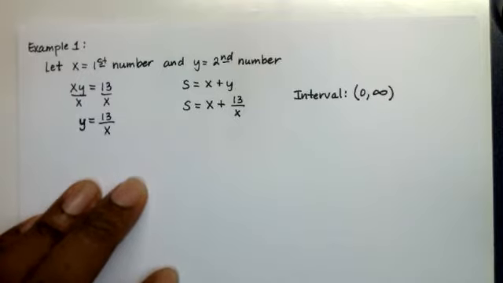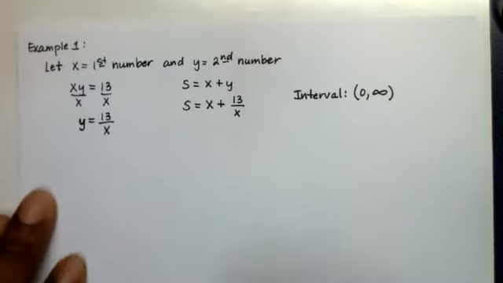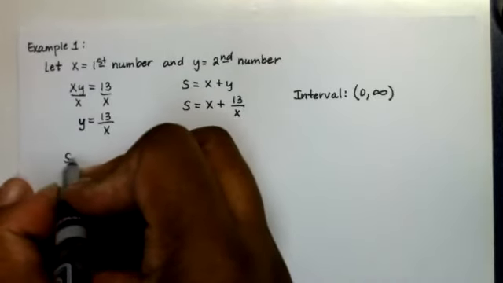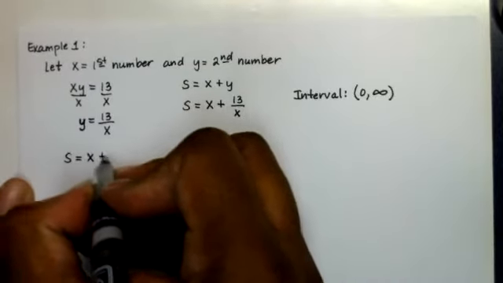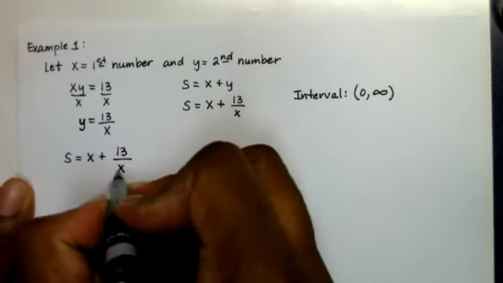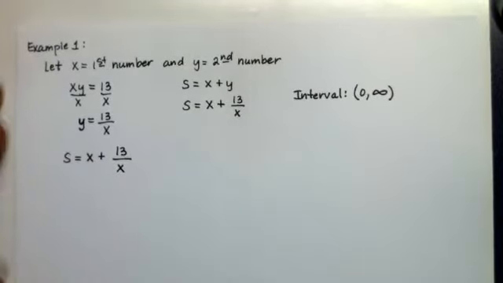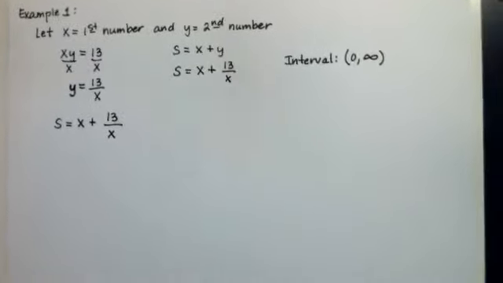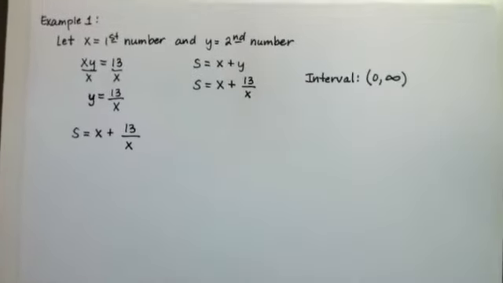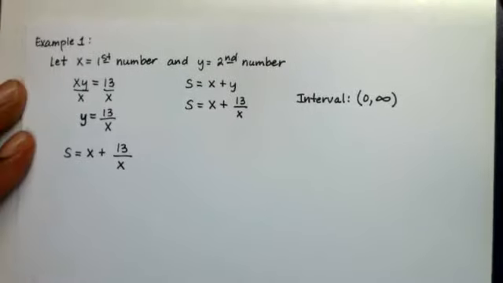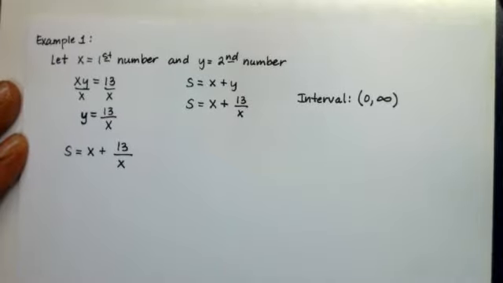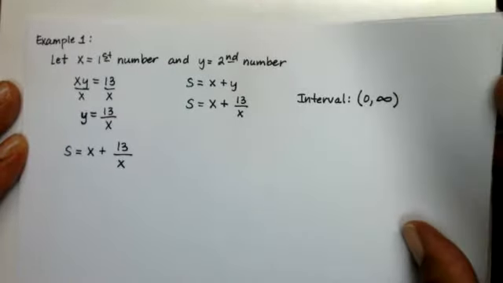Now we're going to be using the concept of finding the first derivative and then setting it equal to 0 to find out what our critical points, or critical values in this case, are going to be. So my objective function is S is equal to X plus 13 over X. And in this case here, what I'm going to do is write 13 over X as 13 times X to the negative 1 power.